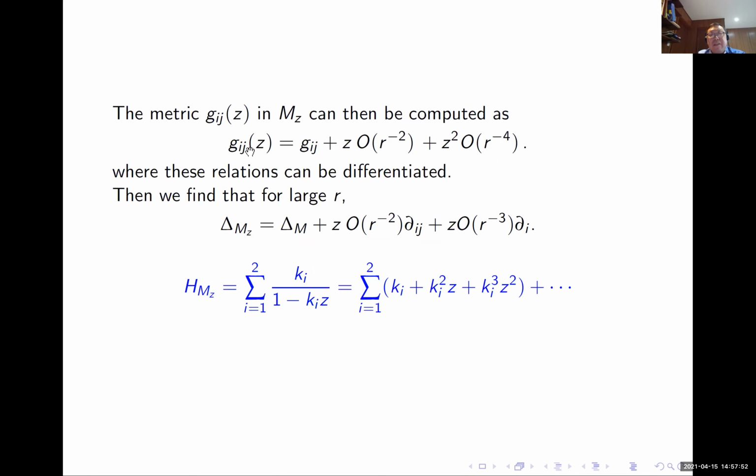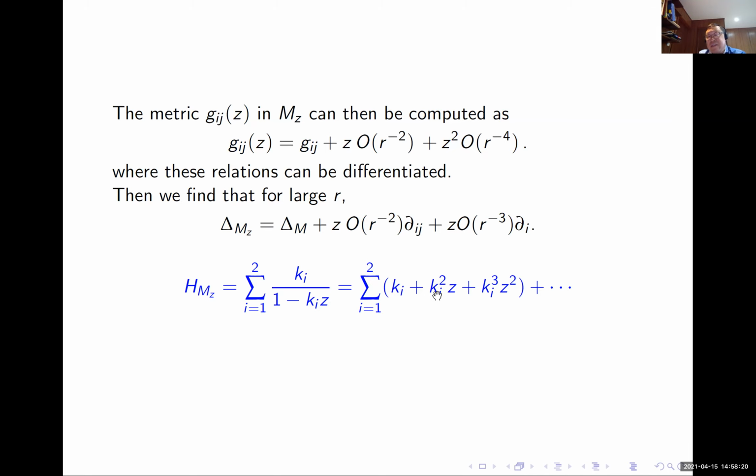And you can compute the metric of M_z easily because in this Fermi coordinate everything is explicit, and you can compute up to the next order. All the decay in R can be computed, and the mean curvature of M_z is nothing but k_i over 1 minus k_i z, and you can do a formal computation to expand because z is very small.